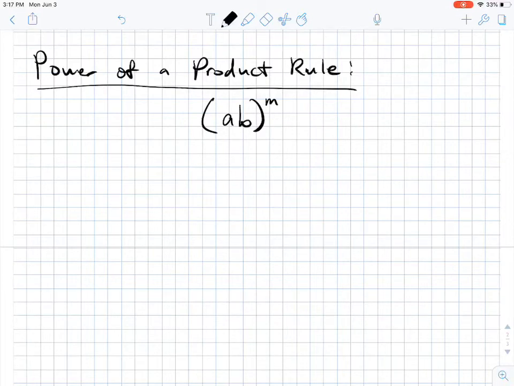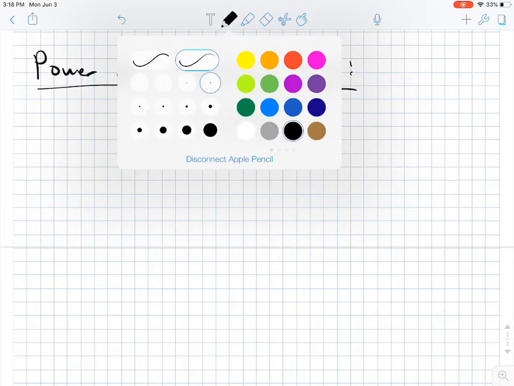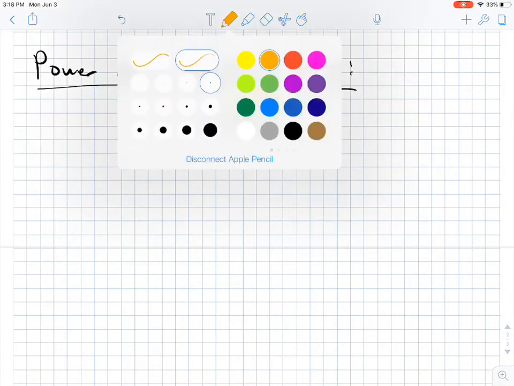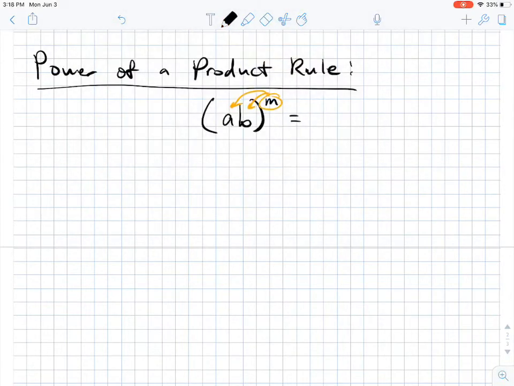So you have a times b to the power of m. You can simply take this m right here and attach it to both base numbers on the inside. In other words, you have a to the m, b to the m. And that's really all you're doing for that.